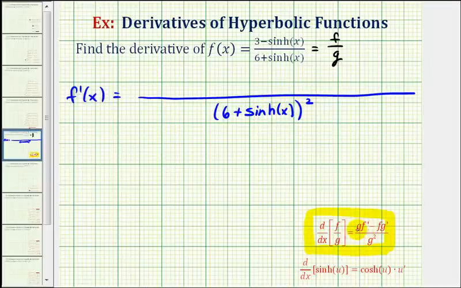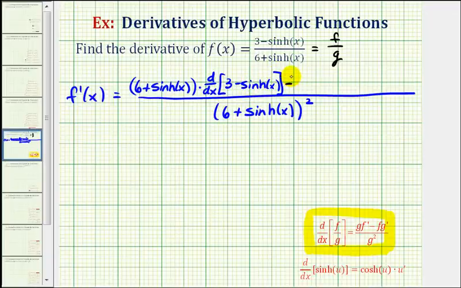And then our numerator is going to be g times f prime minus f times g prime, which is the denominator times the derivative of the numerator, minus the numerator times the derivative of the denominator.